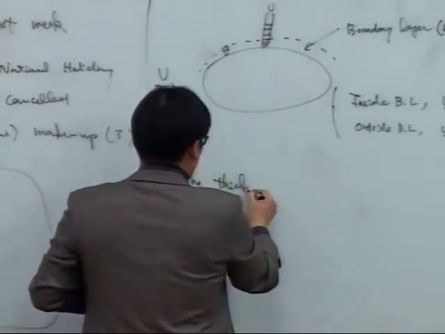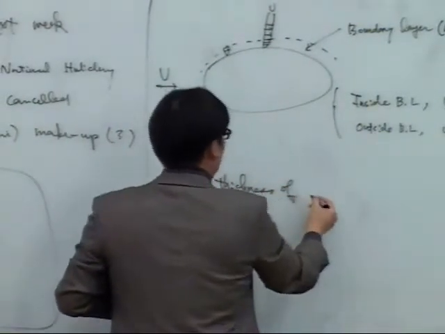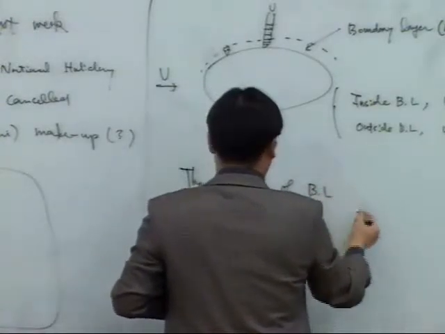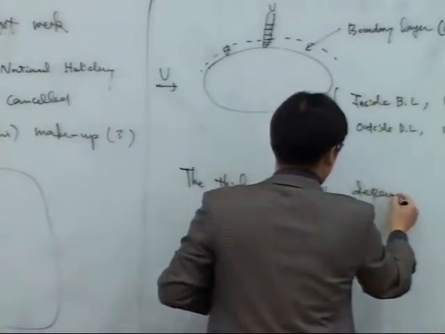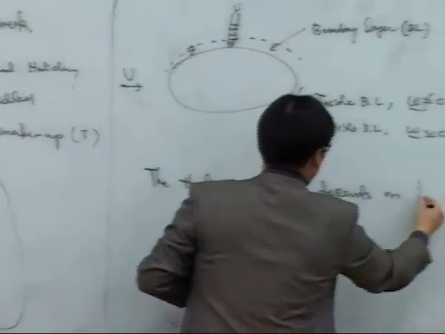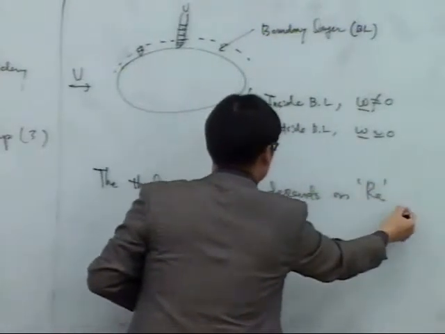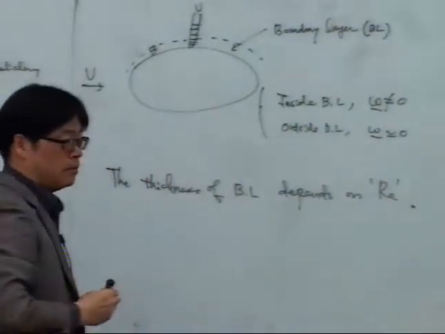The thickness of the boundary layer depends on the Reynolds number.